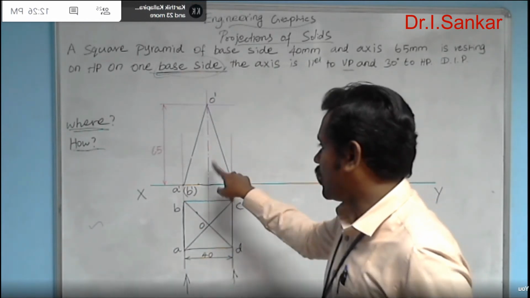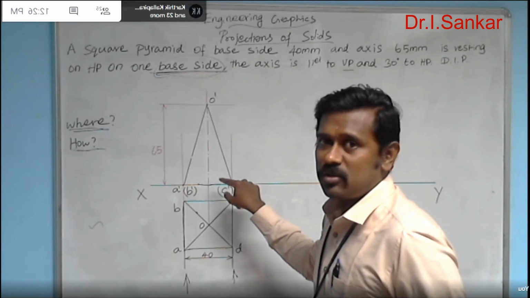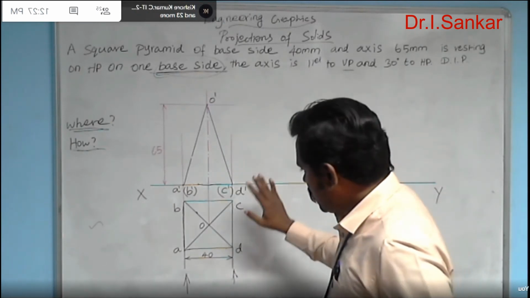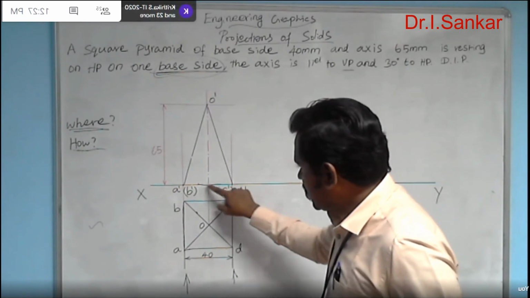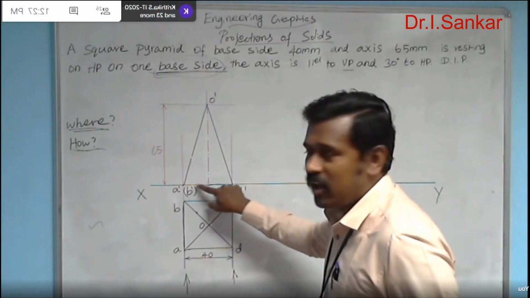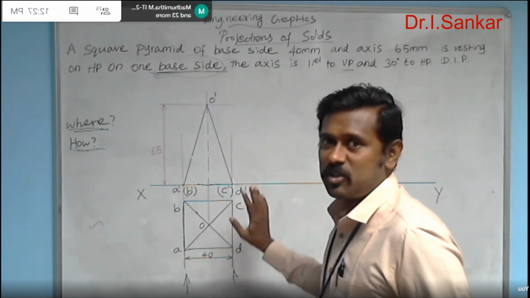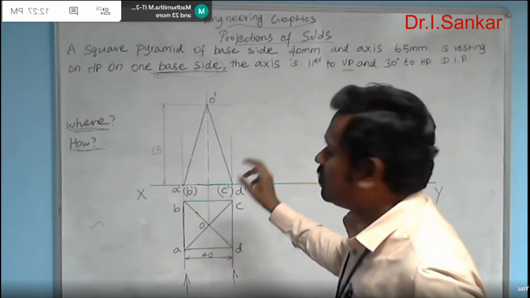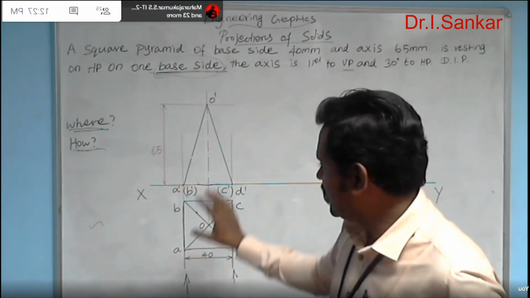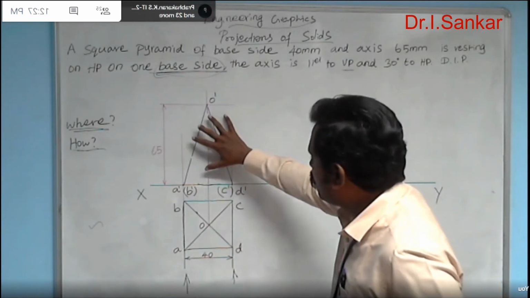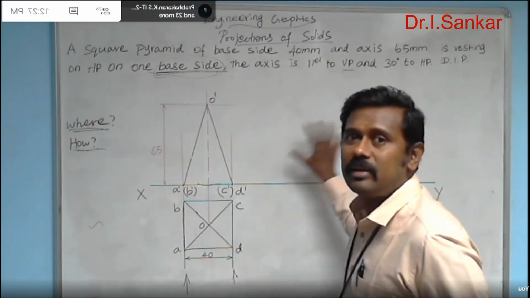The axis is now perpendicular to XY, so the axis is now perpendicular to HP. And now the entire base surface is resting on HP, but we need to maintain only one base edge in the HP. So in order to bring out these two missed conditions, you need to tilt this front view and draw it again.